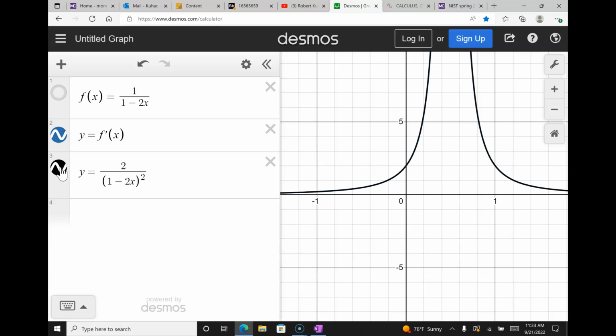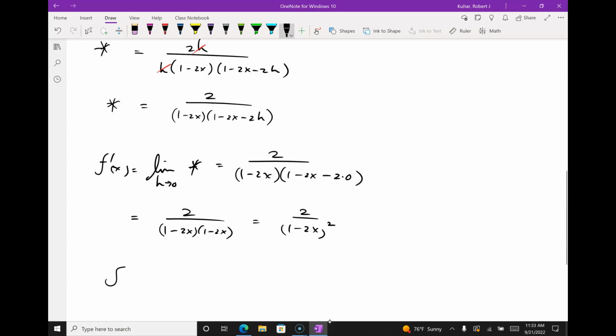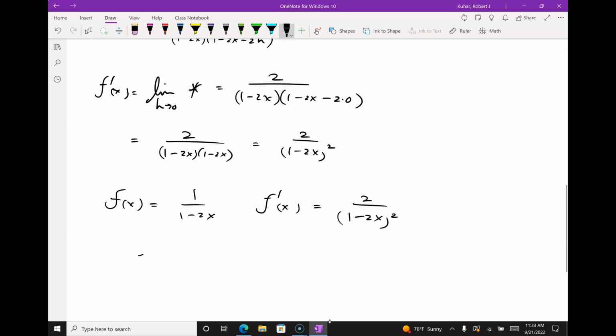But one more thing before I leave here, let's do a tangent line. We might as well pick something nice and easy. So I got f of x is 1 over 1 minus 2x. F prime of x is 2 over 1 minus 2x quantity squared. Thank you, Jack. And I'm going to pick x as 1. So what do I need?